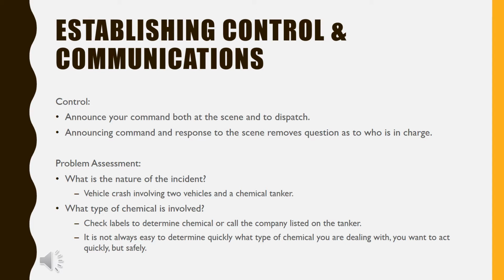One thing I've learned throughout this process was I never knew why the trailers were different shapes. So that's another way you can pinpoint the chemical that's involved. If it's an oval shape, it's normally of low pressure, but it's flammable and liquid.